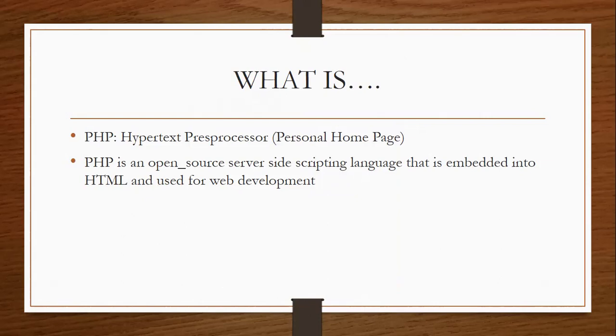So what exactly is open source? Open source in the sense it is free in nature, and anyone can access it easily. When we talk about a server-side scripting language, when we browse something, we actually deal with web servers and web pages.